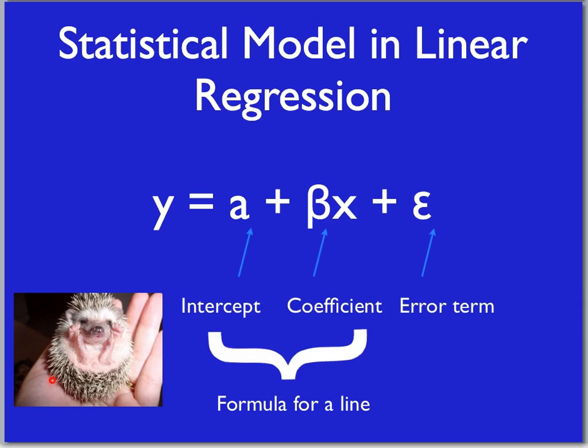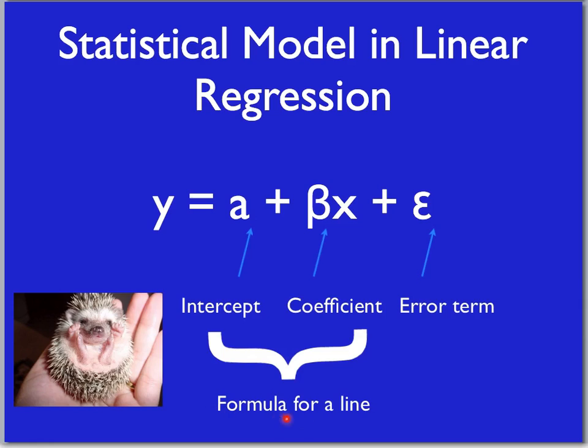So in a linear regression, you say that the dependent variable is equal to the intercept of a line plus some coefficient times the independent variable. And because the prediction isn't going to be perfect for any particular value of the dependent variable, there will also be an error term.